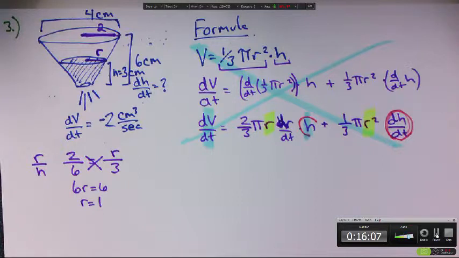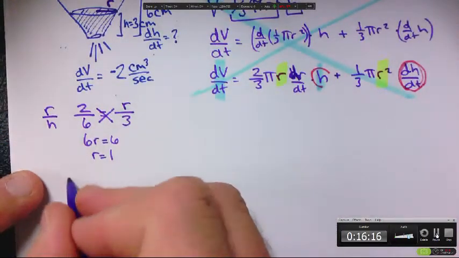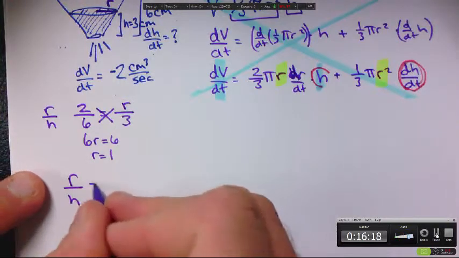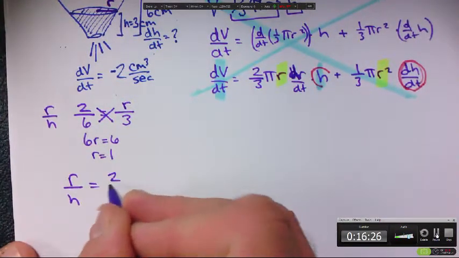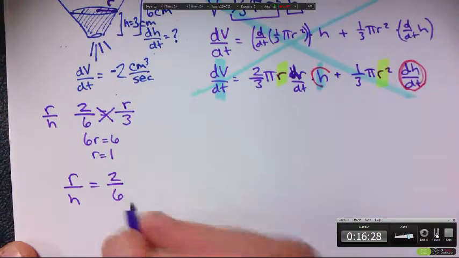And how we do that is we use this proportion that we wrote a second ago. Radius is to height. What's the radius of the entire funnel? 2, and the height of the entire funnel is 6, right?